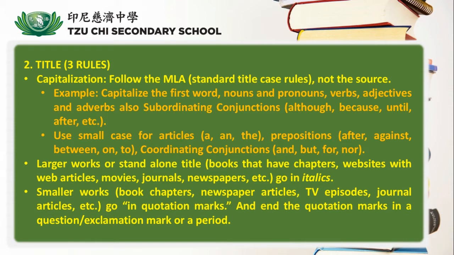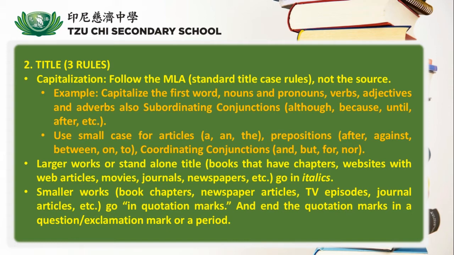Okay. And there is a term of larger works and smaller works. Larger works or standalone titles such as books that have chapters. The whole book, we call it a larger work. A website with lots of web articles, the website's name is the larger work. And also movies, journals, newspapers, you need to write them in italics, okay?